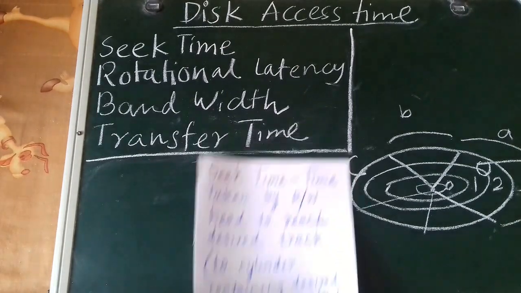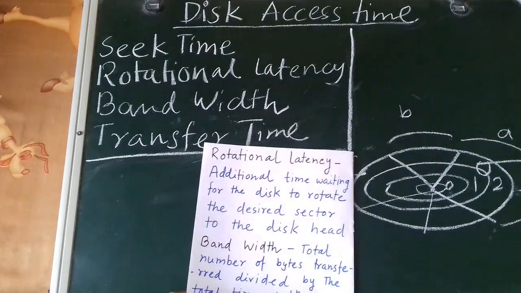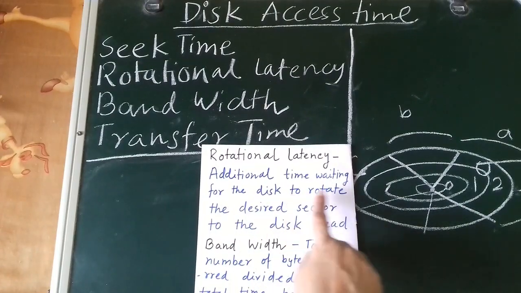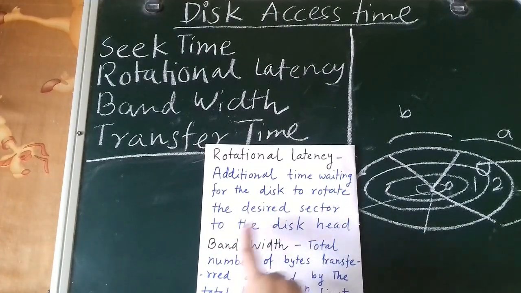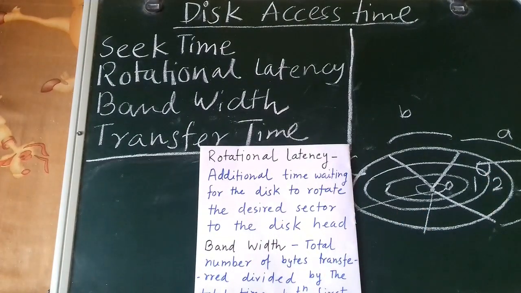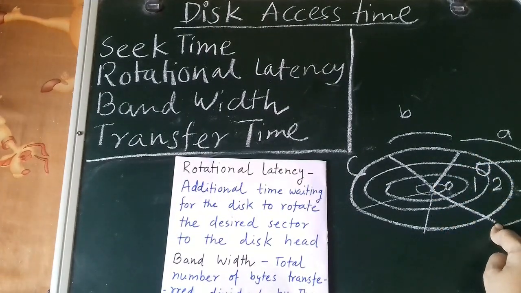Next comes rotational latency. What is rotational latency? The definition of rotational latency is the additional time waiting for the disk to rotate the desired sector to the disk head. This is the disk head; the read-write head is nothing but the disk head. Additional time means what? Writing or reading of A is done.